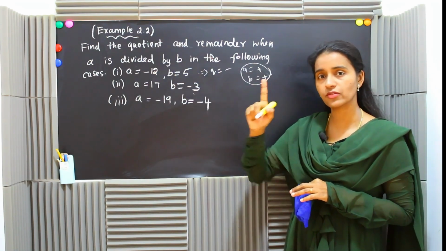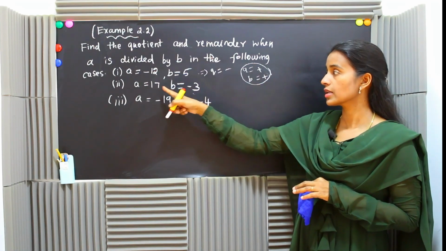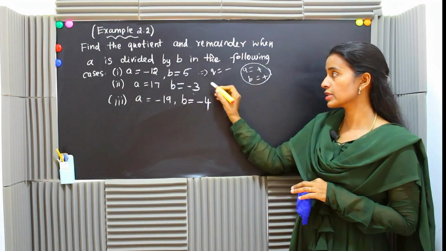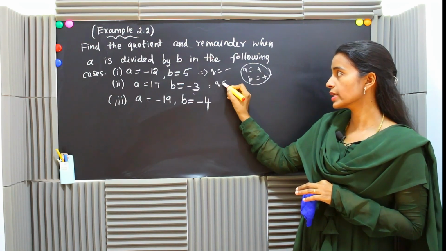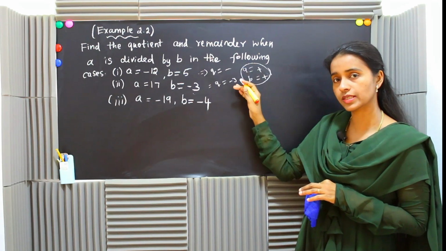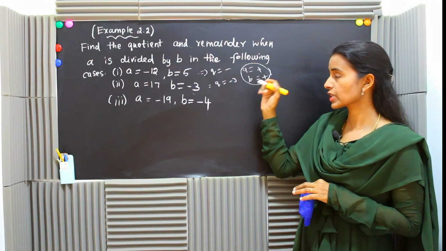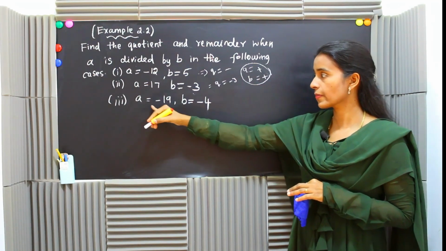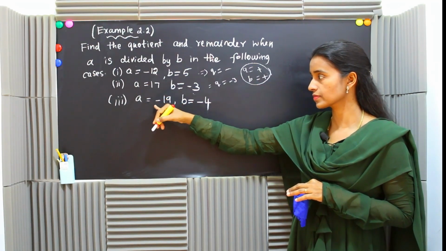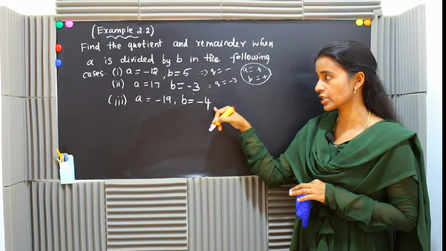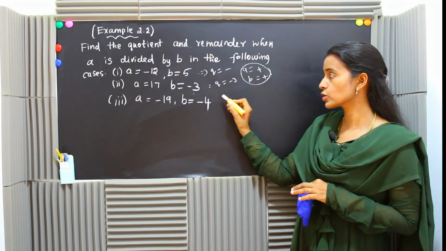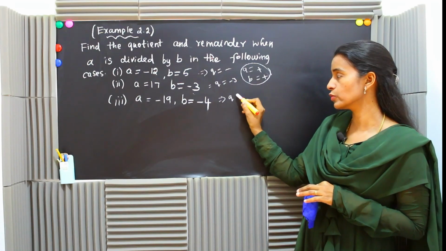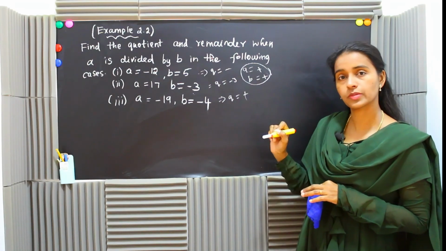Because we have only one minus number. It's a default thing. It will not change. You should remember that. And here we have A is a negative number, B is a negative number. Both are negative numbers. So the quotient answer will be a positive number.